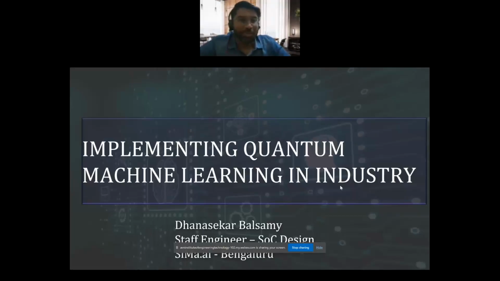We are going to see the implementation of quantum machine learning in the industry: how industries are evolving to adapt quantum machine learning, what different techniques we need to adapt, and what challenges we might face in implementing quantum machine learning. All those things we are going to see in the upcoming session.